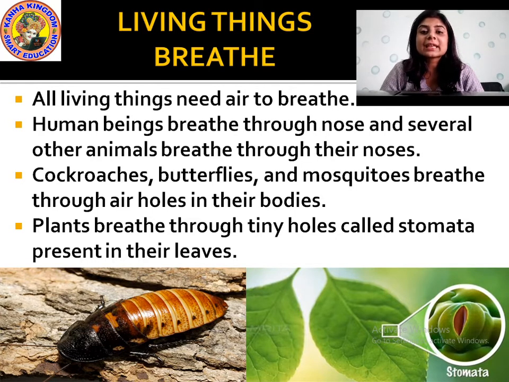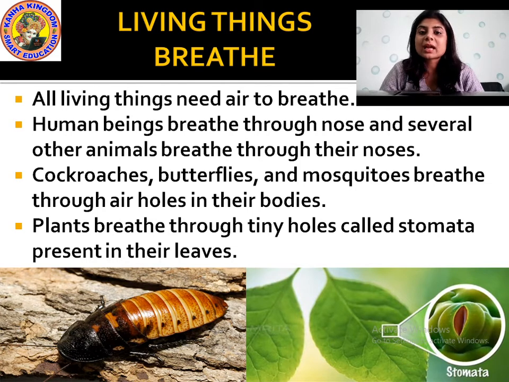Stomata are tiny pores present on the underside of the leaves. If you see under a microscope, you can see tiny openings on the leaves of a plant, called stomata, which help them to exchange gases to breathe in and breathe out. You can see it in the picture.